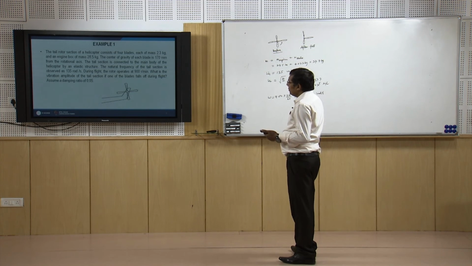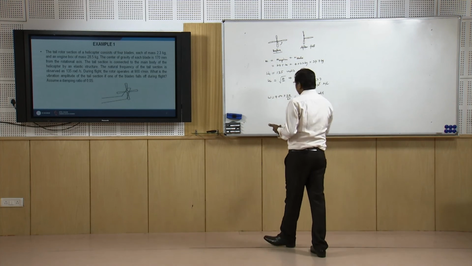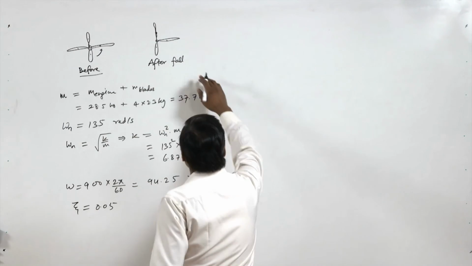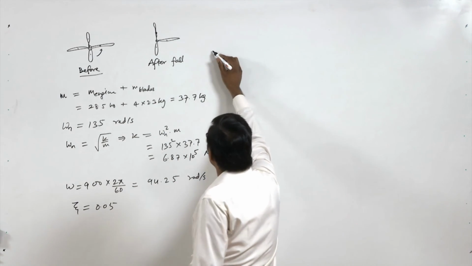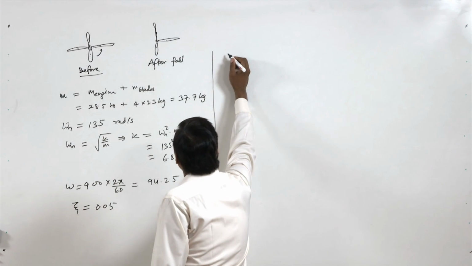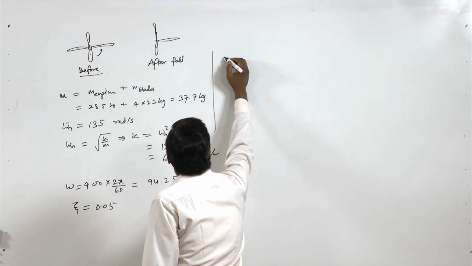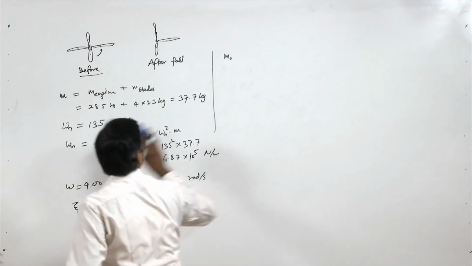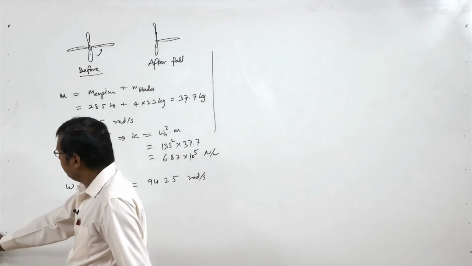One blade is falling, and the damping ratio zeta is given as 0.05. When one blade falls, we have to find the mass after the falling of the blade.